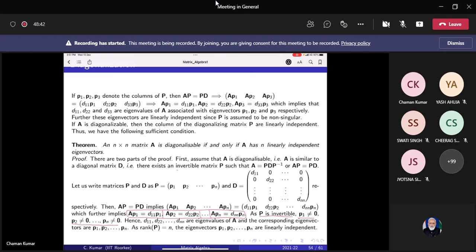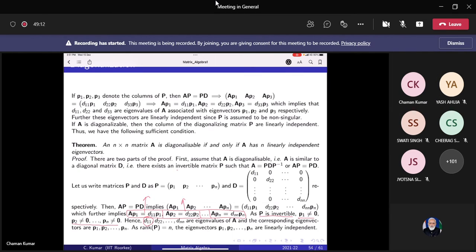Since P1 is not equal to 0, if you consider the first relationship AP1 is equal to D11 P1, you are able to find a non-zero vector P1 such that AP1 is equal to D11 P1. So we can say that D11 is an eigenvalue of the matrix A.